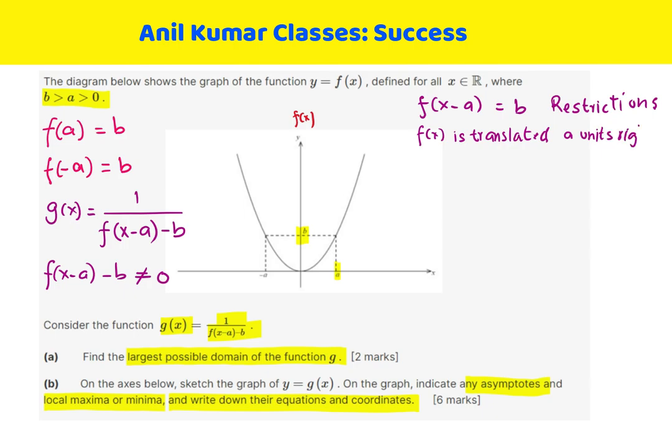Makes sense, right? So basically, the whole graph will move a units right. So if you move every point a unit right, then what happens? This point, which is at 0, comes to a, right? Correct? And therefore, you have the graph of the function as this.